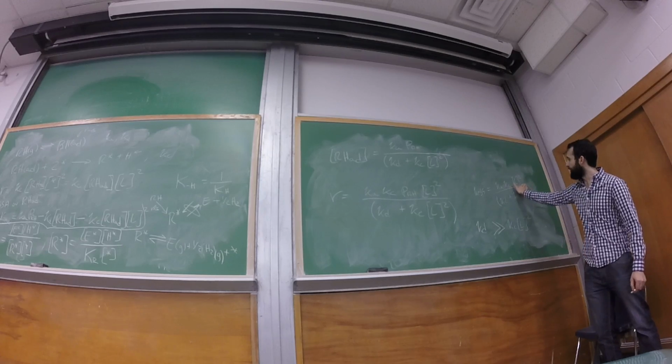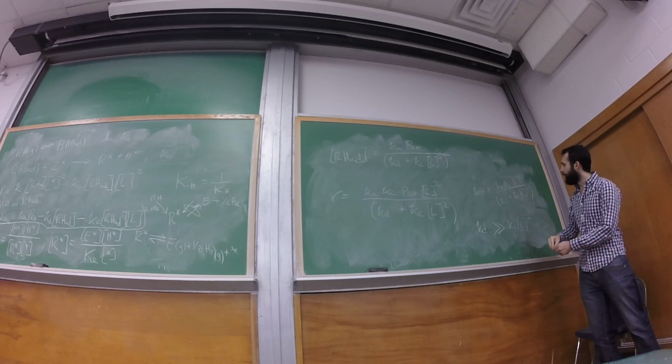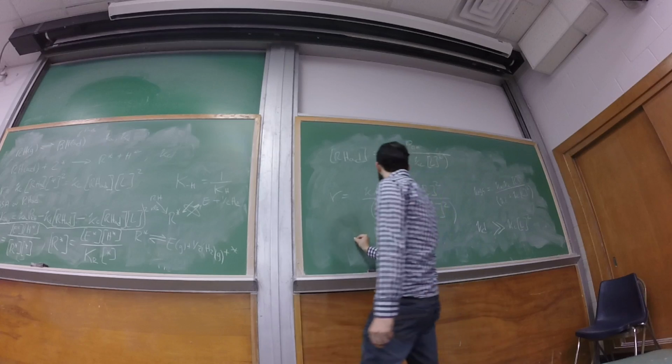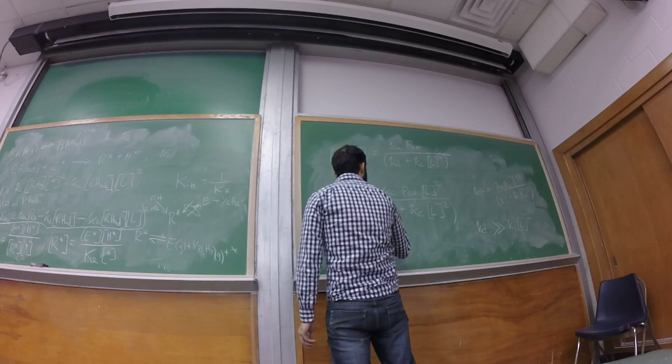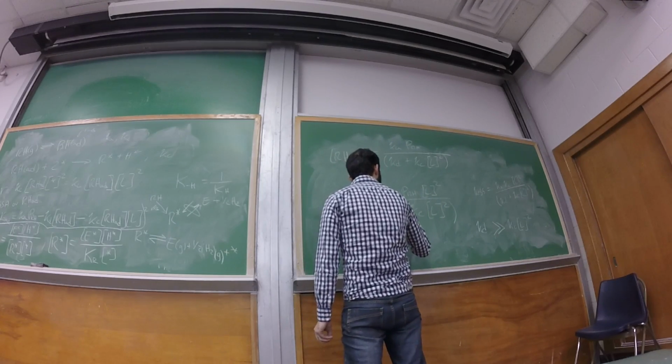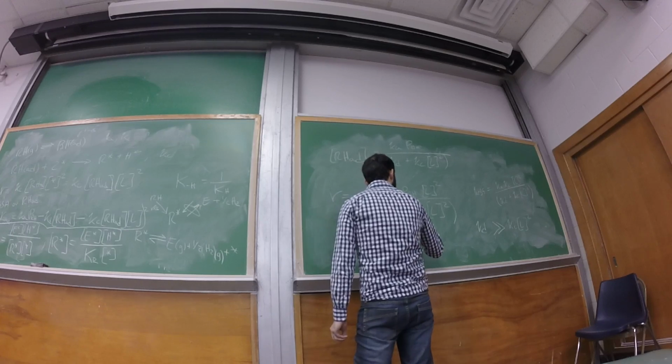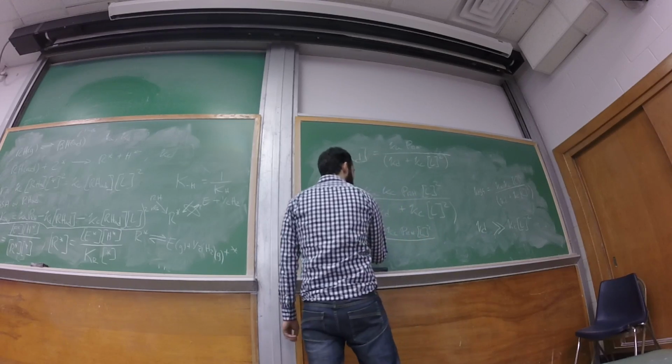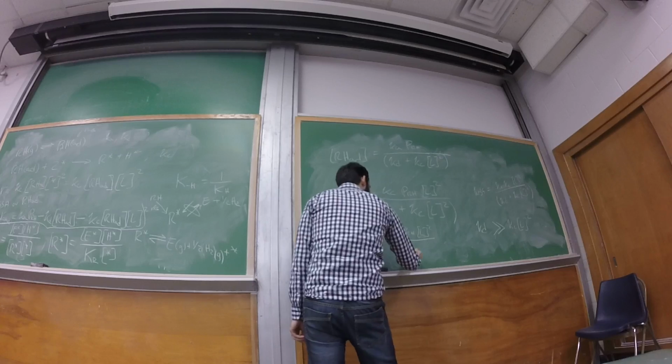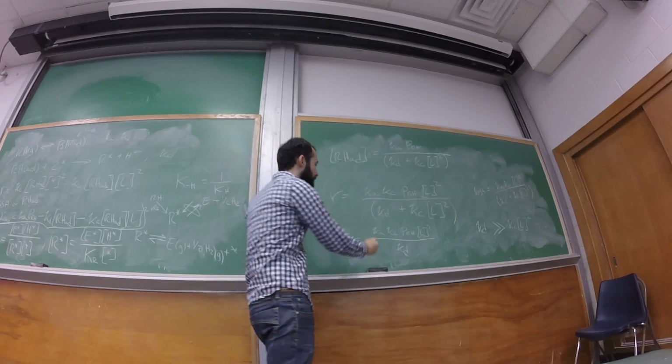Yes, he is. Because if this goes away, then what am I left with? Ka, Kc, Prh, L squared divided by Kd. Right? And what is this?